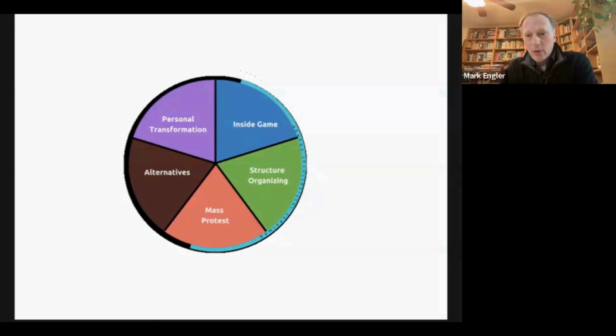It can include countercultural spaces, punk music spaces, feminist bookstores, all of these spaces that people can go to get different ideas, different theories of how to be in the world. And both of these, personal transformation and alternatives, can be very powerful. They are sometimes grouped together as what's called prefigurative activism, which is trying to create the world we want to live in, kind of apart from the dominant institutions of society.